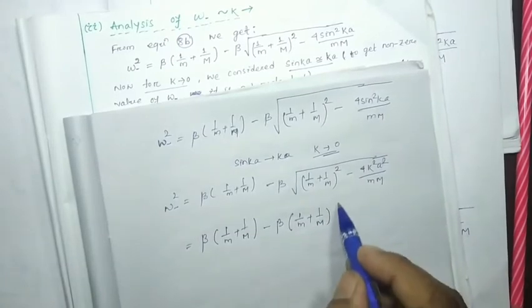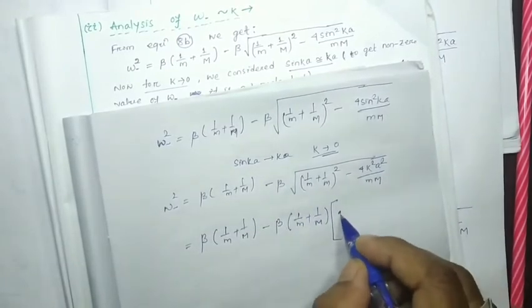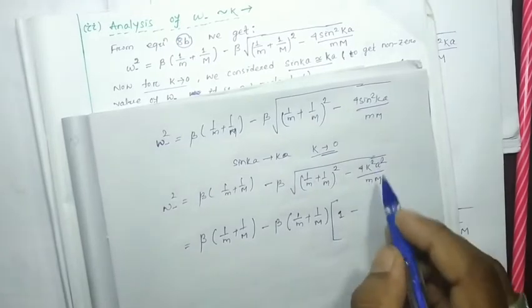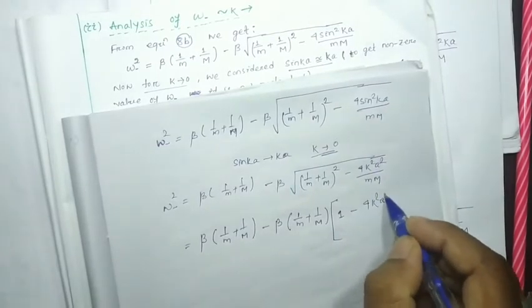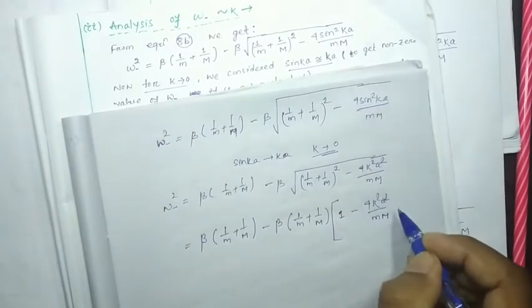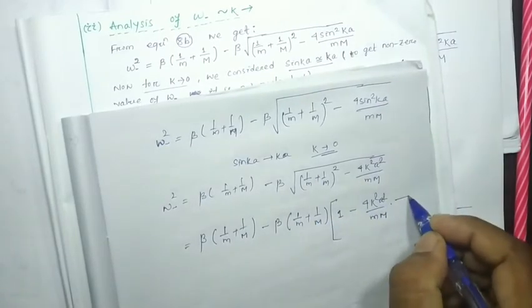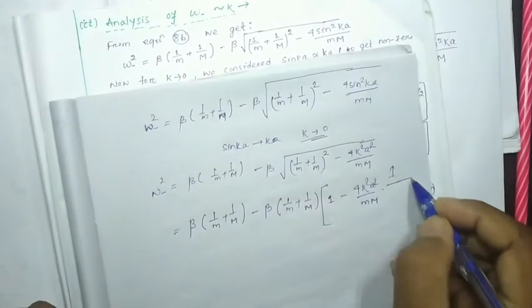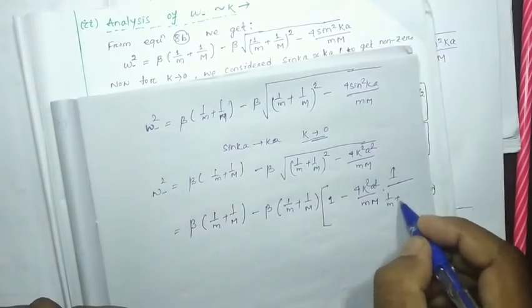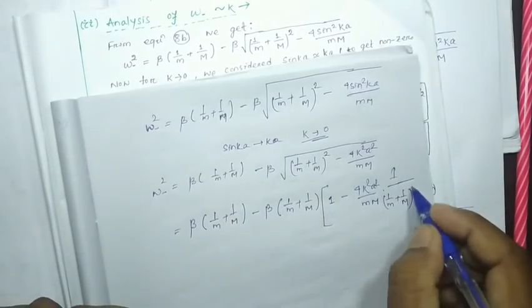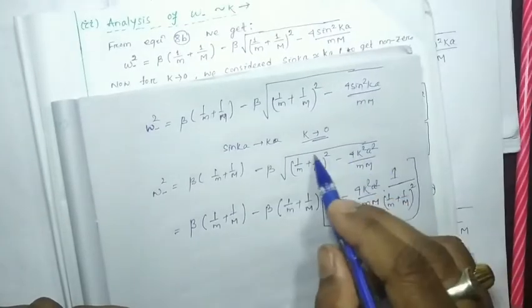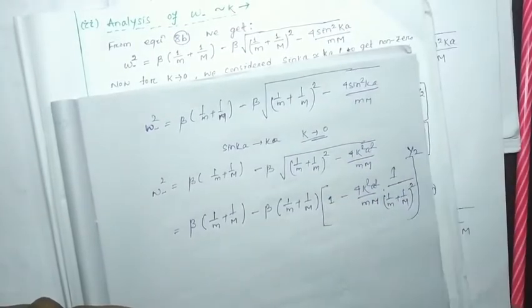Then inside this it will be 1 minus this term, 4 k square a square by m into M. Okay, so this one I can write as 1 by m plus 1 by capital M square, and already root over is there, so 1 by 2, right?